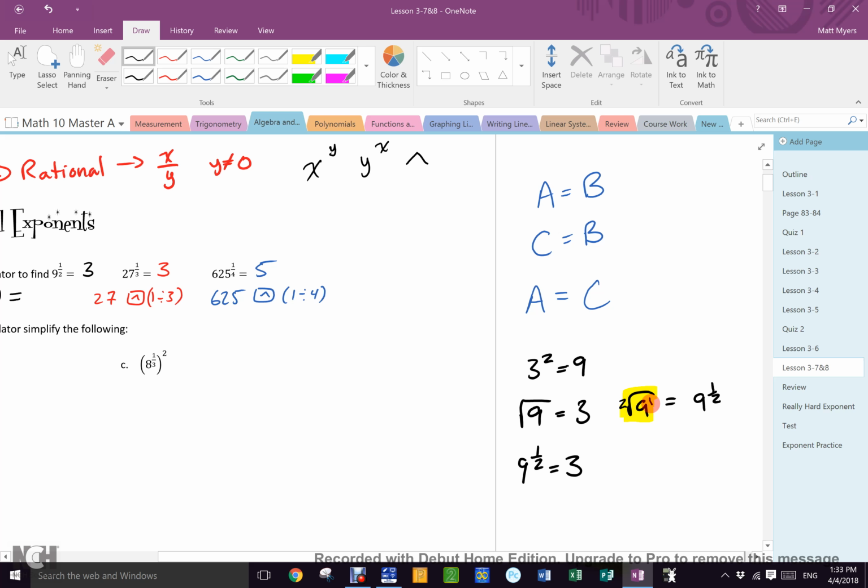Now, use your logic. What do you see over here, and what do you see over here? You see the 1 and the 2. Now, think about it for a moment. If that happened here, what is going to happen with that?